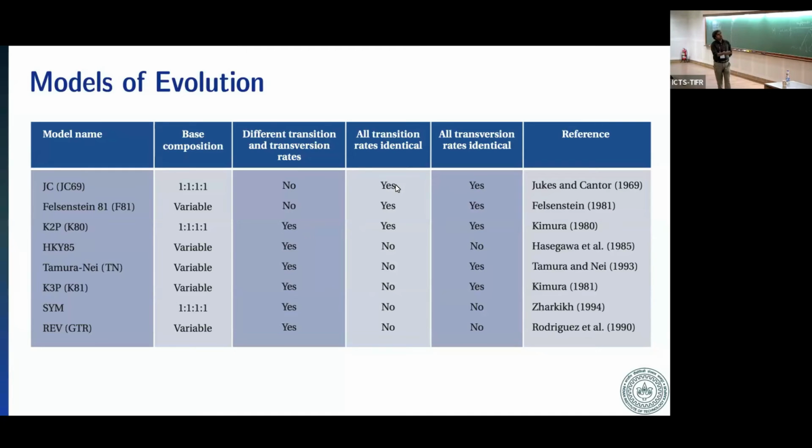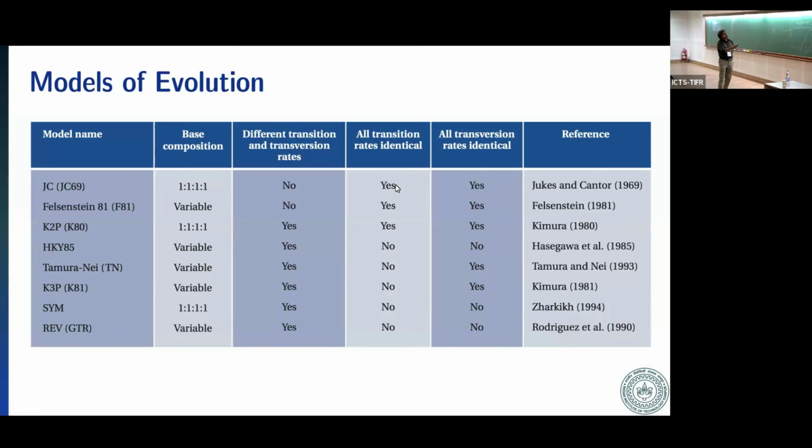The transition and transversion rates are the same; it does not distinguish between transition and transversion. And there is a single parameter associated with any mutation. Let's say that parameter is alpha, and with that we model the system. So this is the most simple model.